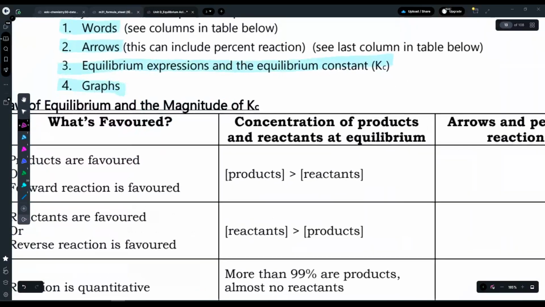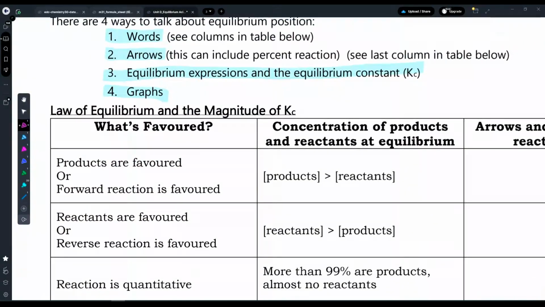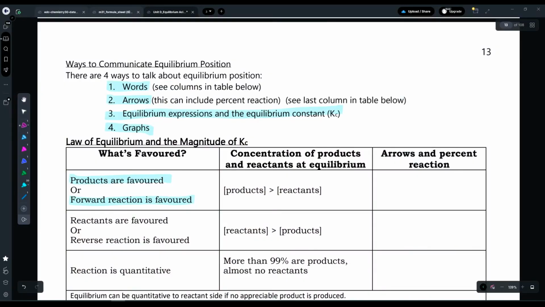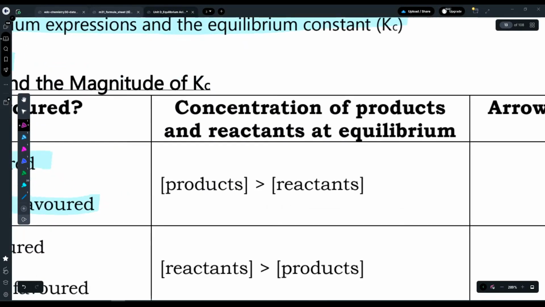If we're trying to say that the forward reaction is favored or the products are favored, one way to communicate that is just by saying products are favored or the forward reaction is favored. Either works. What this means is that you have a higher concentration of products compared to reactants.